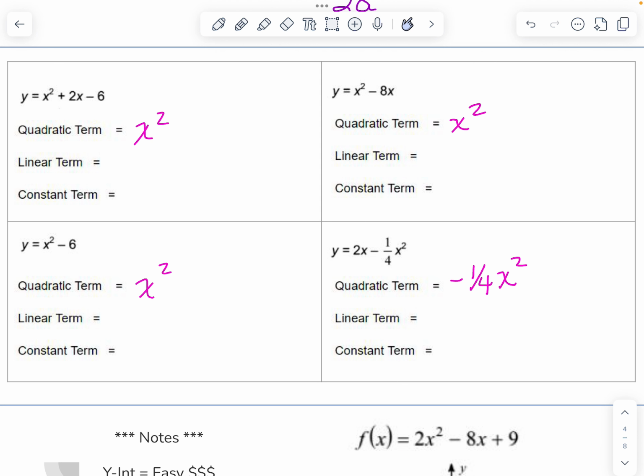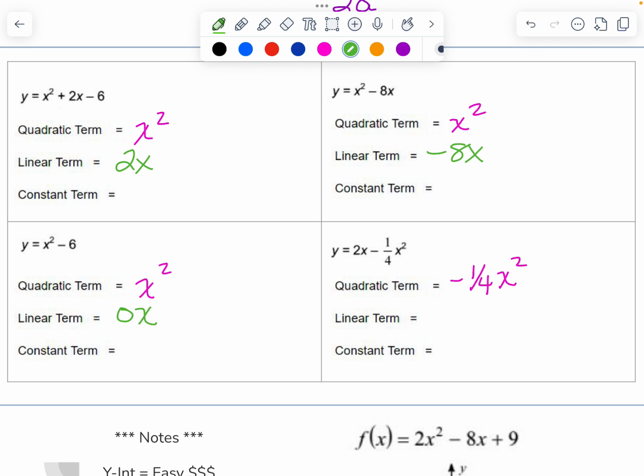The linear term would be the one that has just the variable x, so I'm looking at 2x, I'm looking at negative 8x, and oh, there's nothing here for this one, but we can consider the linear term to be 0x, because 0 times anything is 0.